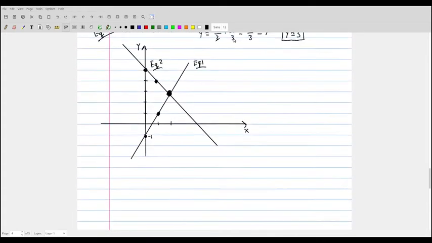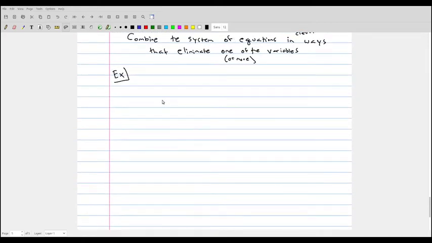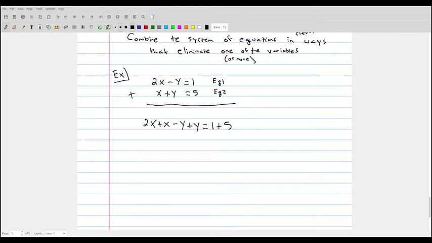What you'll notice is that if I simply add these two equations together, so if I add equation 1 to equation 2, I'll get 2x plus x, and then negative y plus y is equal to 1 plus 5, and negative y plus y is 0, and 2x plus x is 3x, plus 0 is equal to 6, or x is equal to 6 over 3, which is equal to 2.